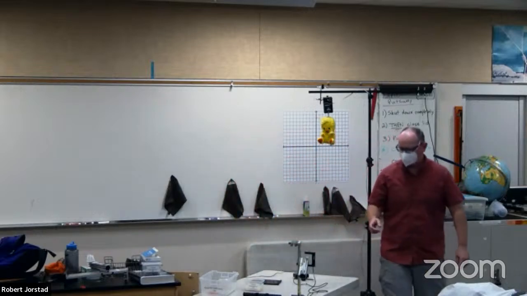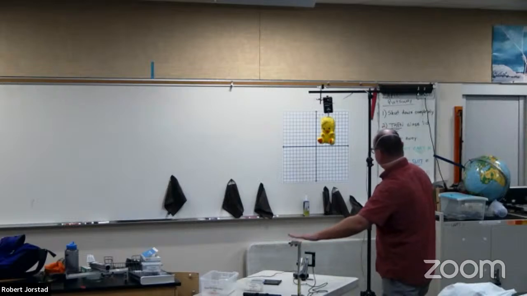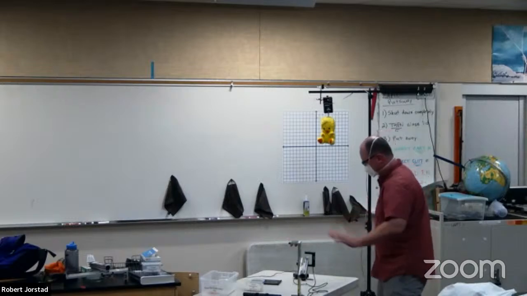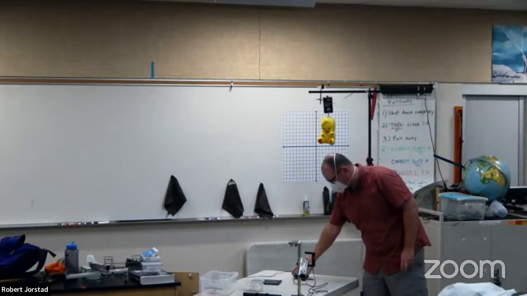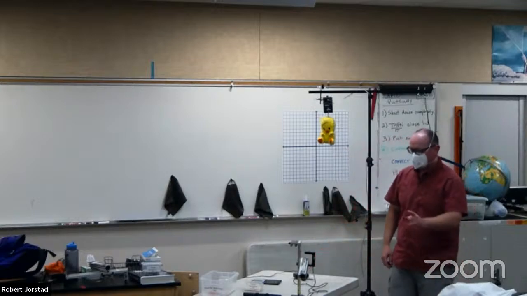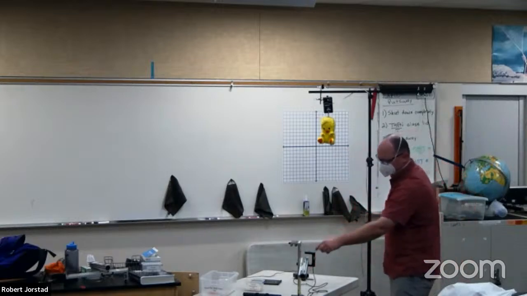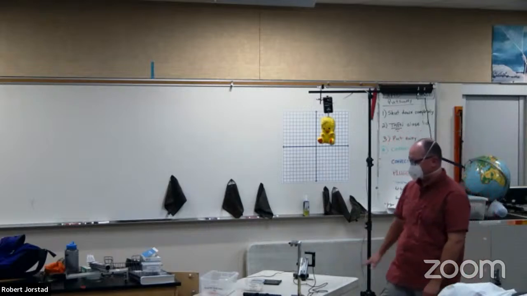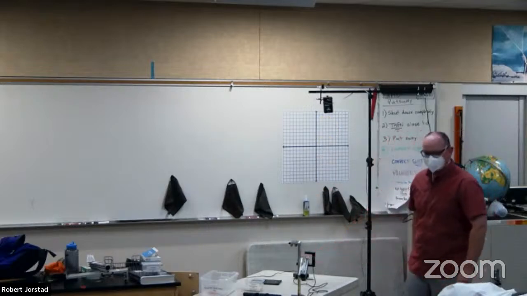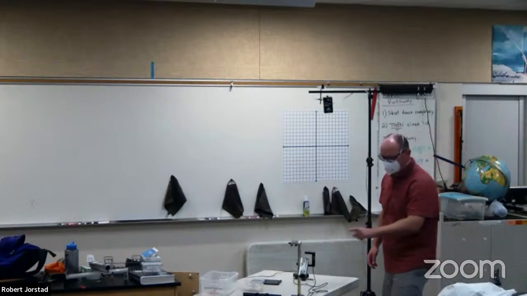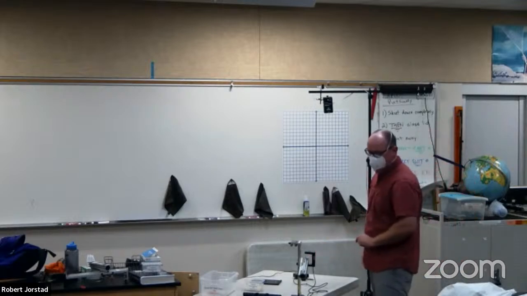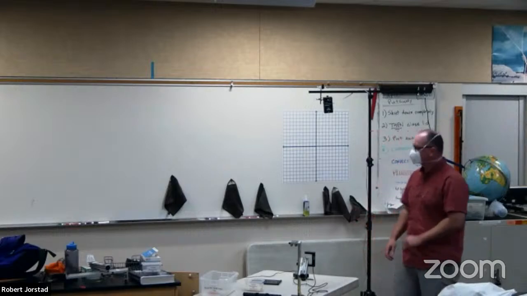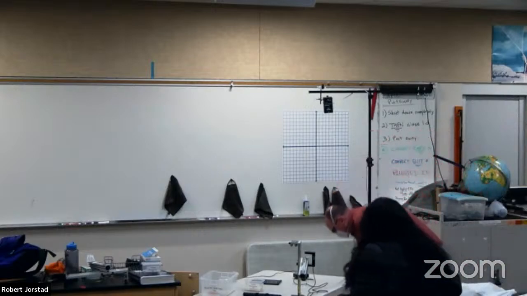Right up here is my projectile launcher. And I want to show you how this works. If I hit the active button, the idea is this little sensor that's sitting here, if I break the beam, watch what happens to the duck. So the idea will be at the instant the bullet comes out of the gun, that's going to trigger this beam and cause the duck to fall down.